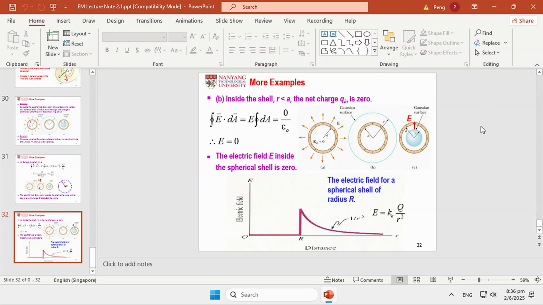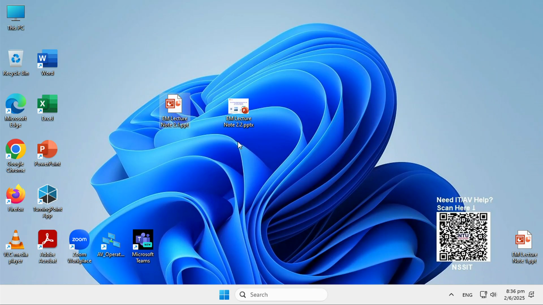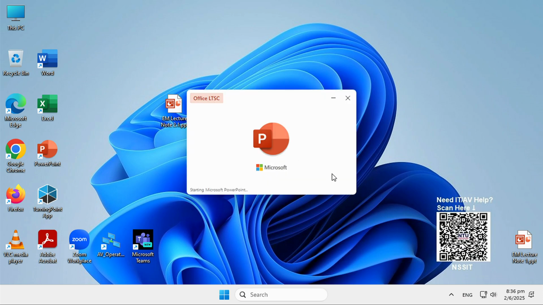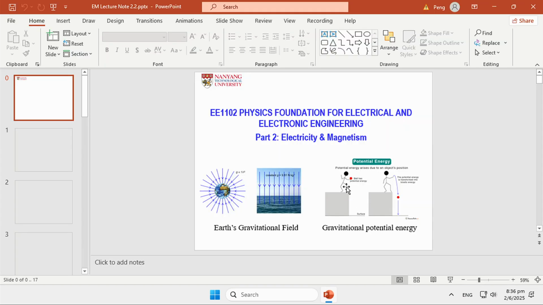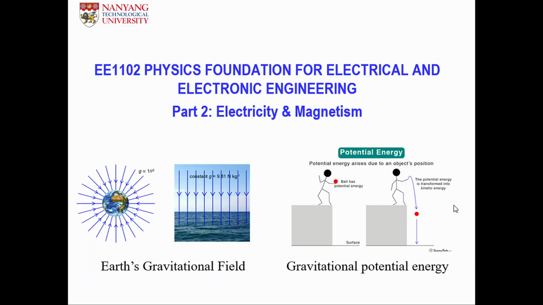Okay, so this is all for the electrical field. And next, we will move on to introduce another parameter and, of course, the relevant concept and formula for electricity.